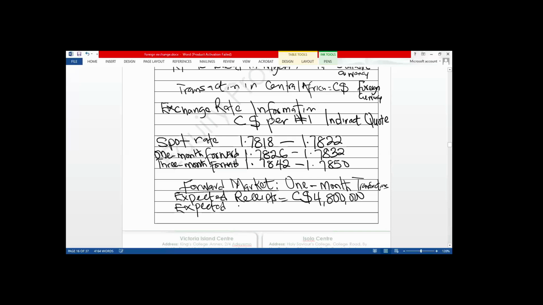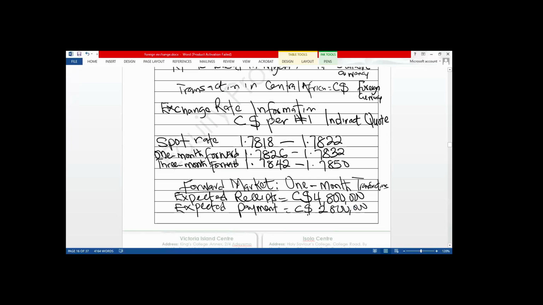So you have 1 month expected receipt, 4.8 million. 1 month expected payments, equal to C dollar 2.8 million.